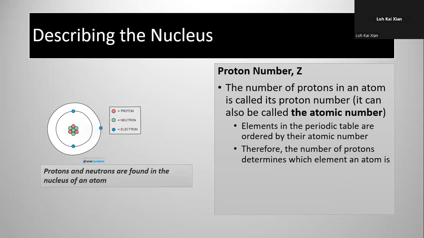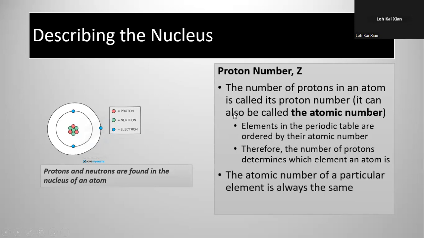Elements in the periodic table are ordered by their atomic number, by the proton number, how many protons they have. They put in order there. Therefore, the number of proton determines which element is an atom. Atomic number of a particular element is always the same.